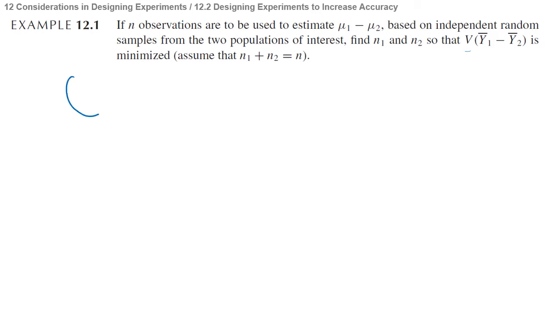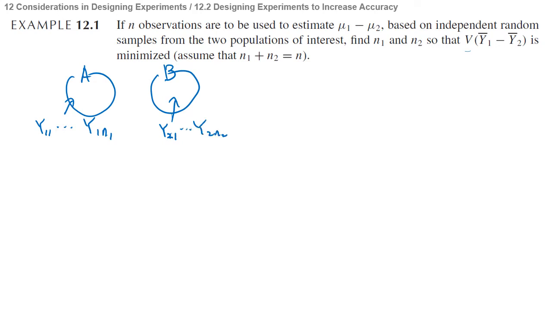So there is population A and population B, and we are taking n1 samples from population A, y11 to y1n1, and from population B we take y21 to y2n2.